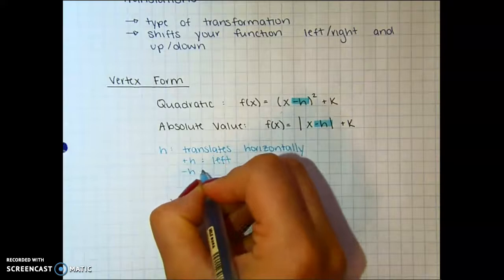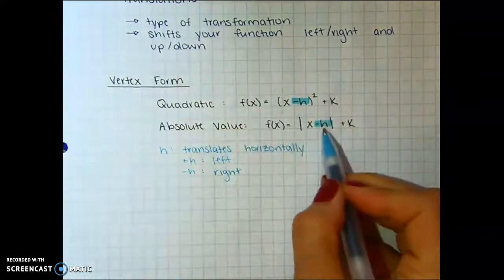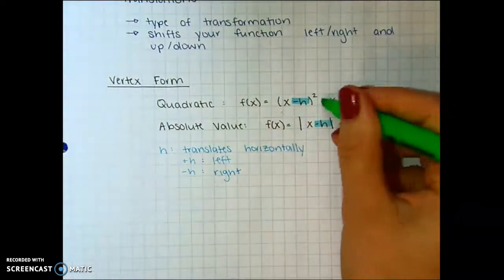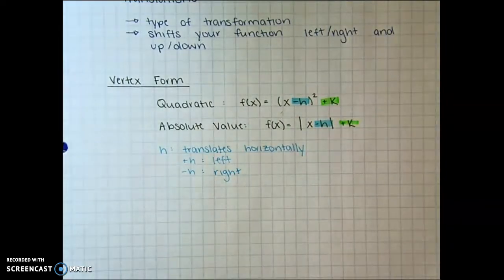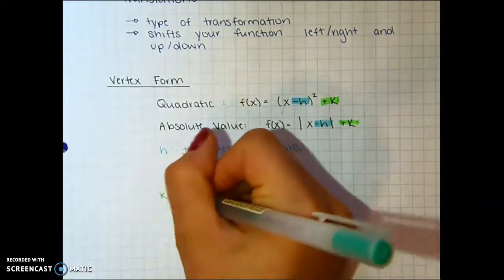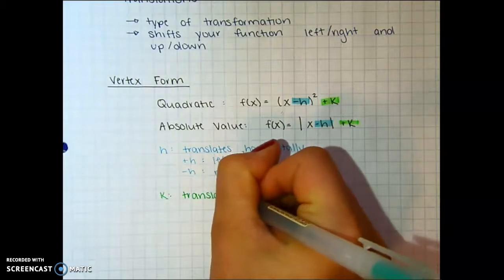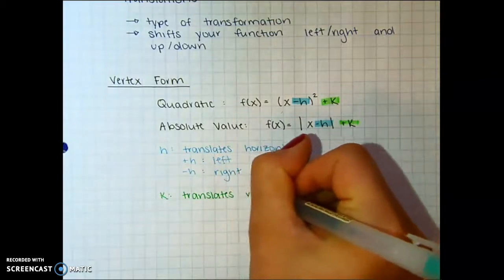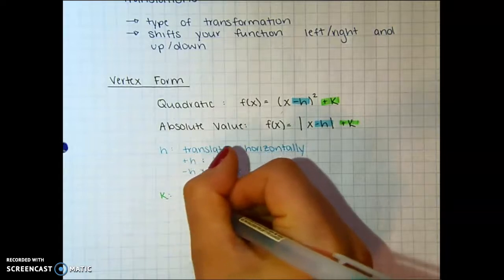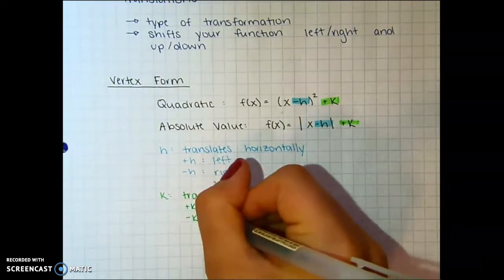If it's minus h, it translates right. So it's the opposite of what you would think. Then we have k on the outside, and k translates vertically. So plus k goes up, just like you would think, and minus k goes down.